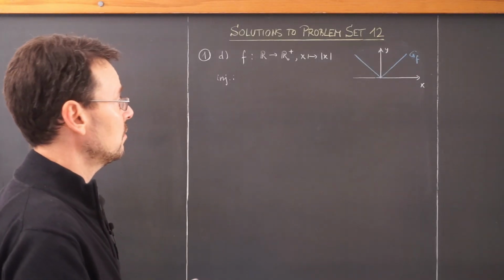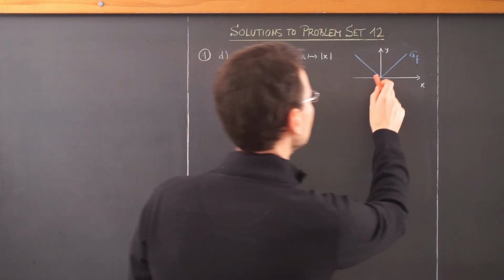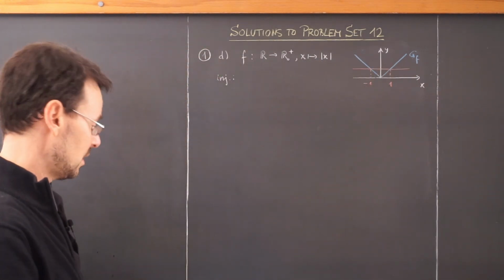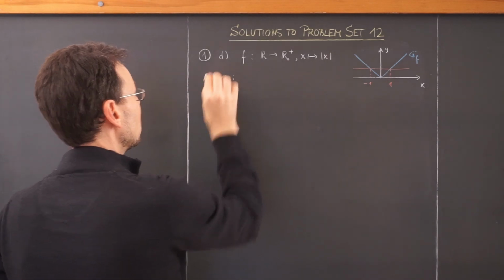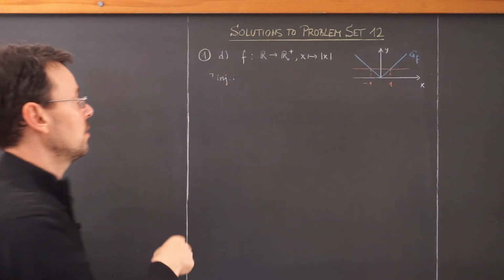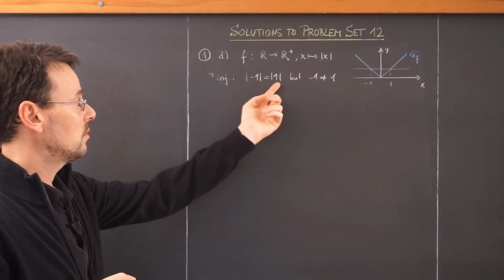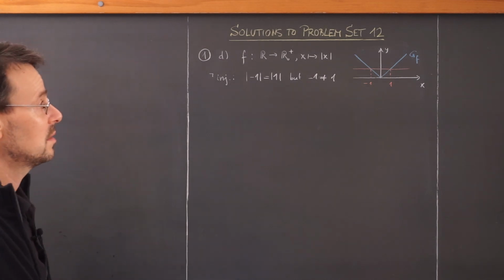Is it injective? Clearly not. Same argument as with the square function. This line, for example, intersects the graph twice, so it is not injective, because the images of those two are the same, but the arguments are not the same.